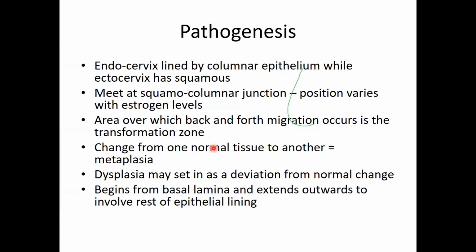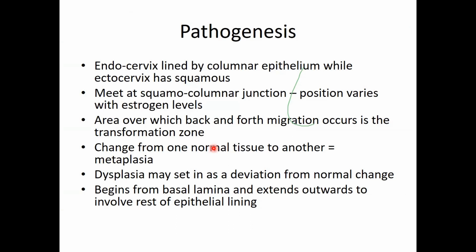So what happens? That is what we are trying to explain, that the endocervix is usually lined with the columnar epithelium, while the ectocervix is lined with the squamous epithelium, and they usually meet at the SCJ, that is the squamocolumnar junction, and it usually varies due to the estrogen levels.